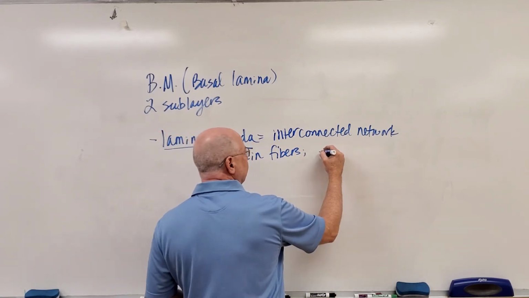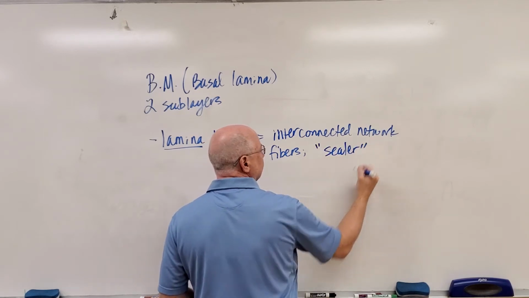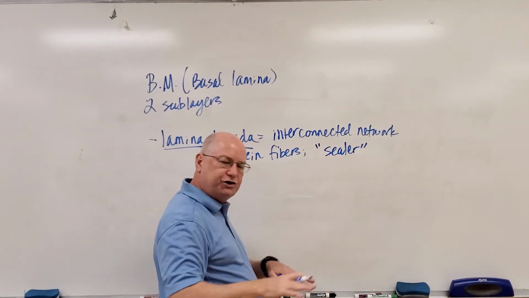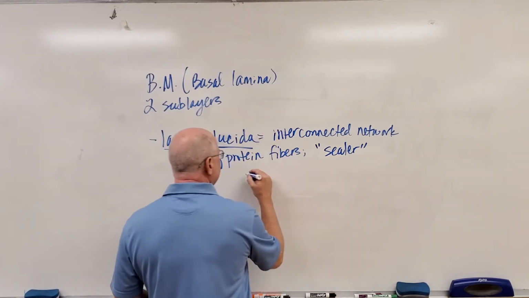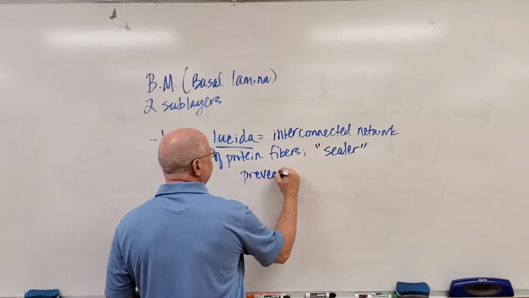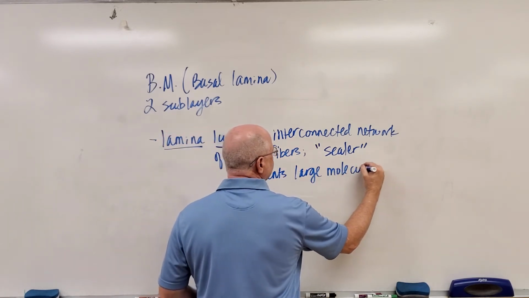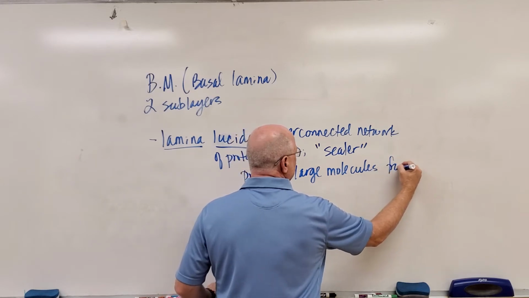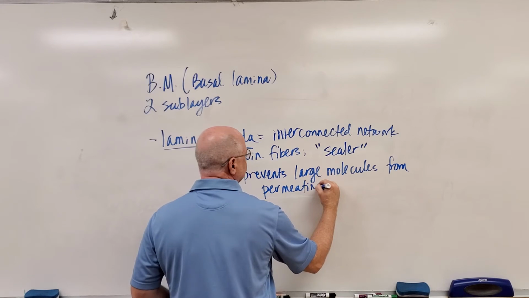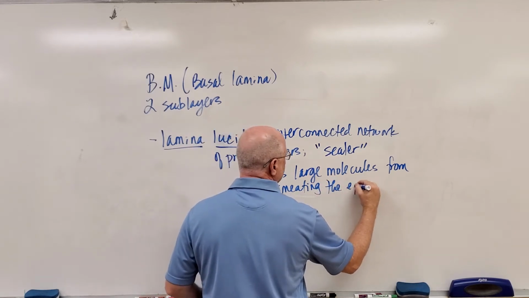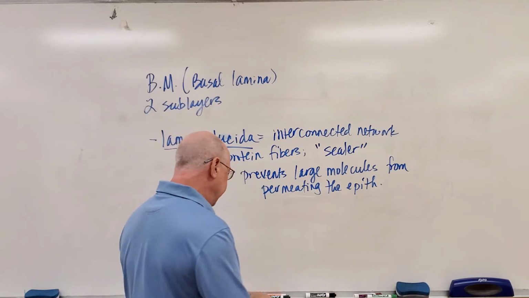And its function is, I like to call it a sealer, like some kind of water seal that you put on to prevent things from penetrating. The reason I call it that is because it prevents large molecules and substances from permeating the epithelium, or at least below the epithelium.